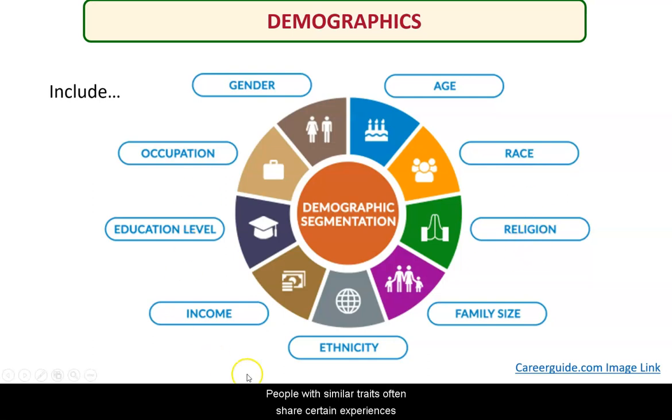People with similar traits often share certain experiences or social conditions, and therefore may share certain needs, wants, values, and desires. Income, for example, can determine whether they can literally afford something, but also what kind of social class they see themselves as.